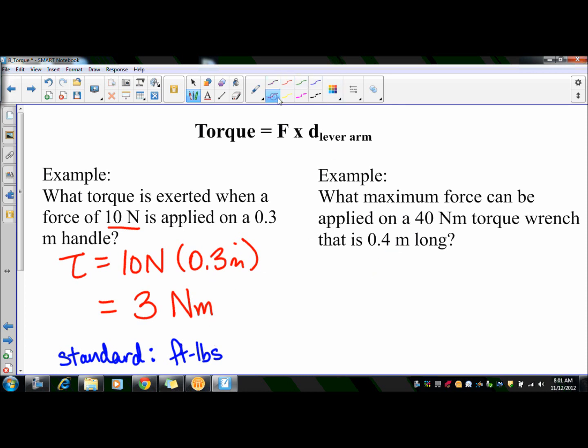All right, so our next example says what maximum force can be applied on a 40 Newton meter torque wrench that is 0.4 meters long. So now we know the torque, so we'll put that over here. And we know the distance, we're looking for the force.